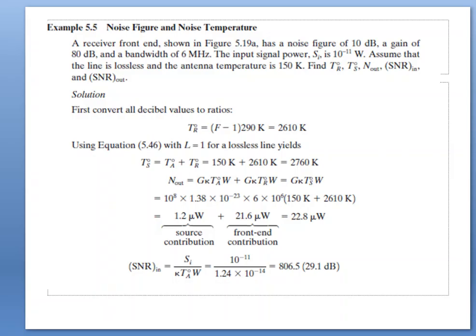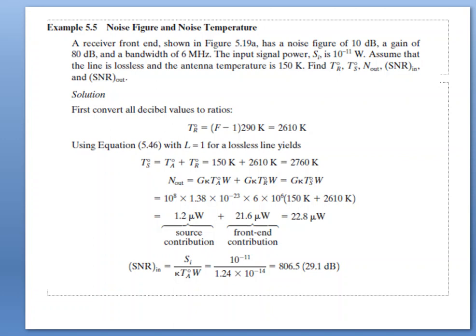First we convert all decibel values to ratios, that is TR is equal to (F minus 1) times 290, that is 2610 Kelvin. By using the equation with L equal to 1 for the lossless case, Ts, the system noise temperature, is equal to TA plus TR, that is 150 Kelvin plus 2610 Kelvin. Total temperature is equal to 2760 Kelvin.